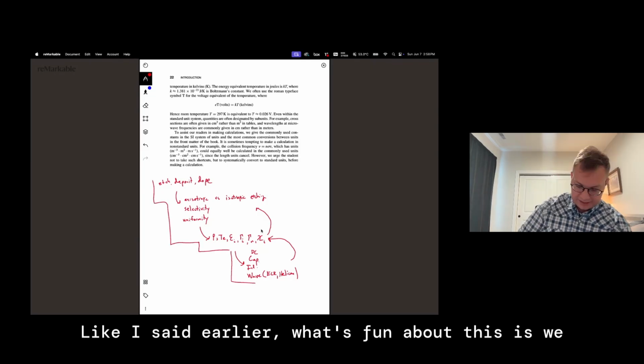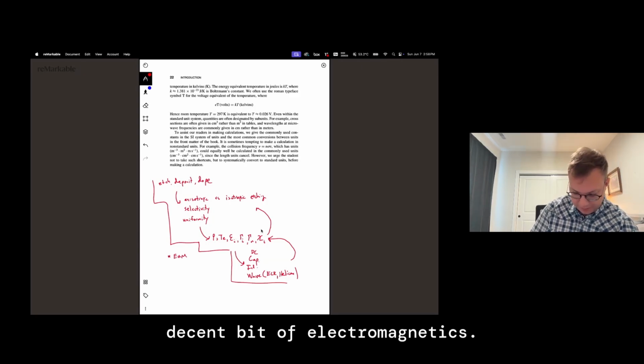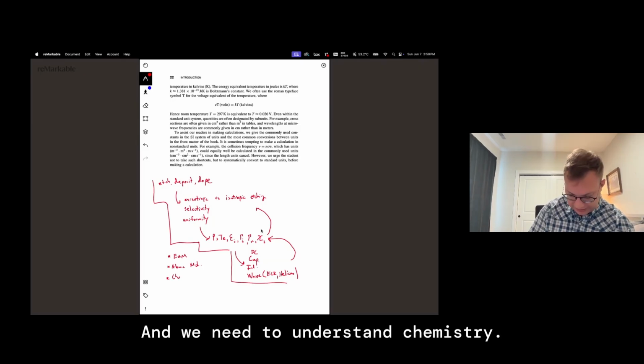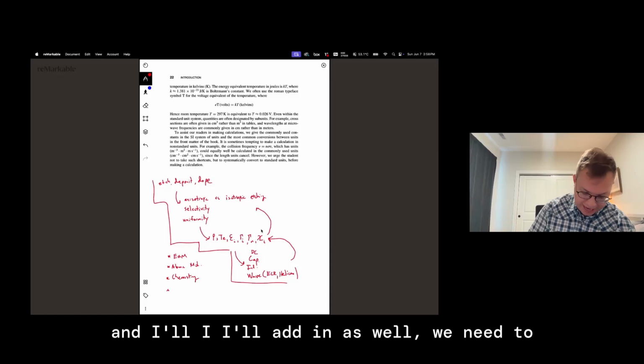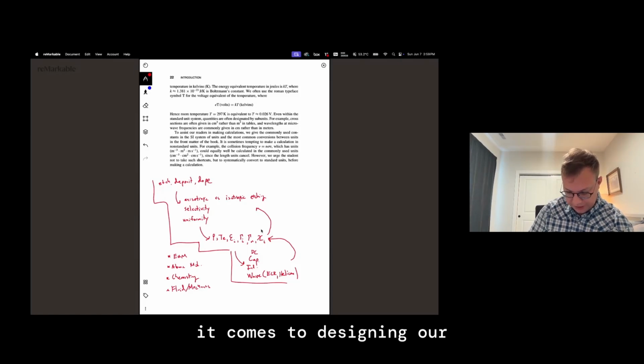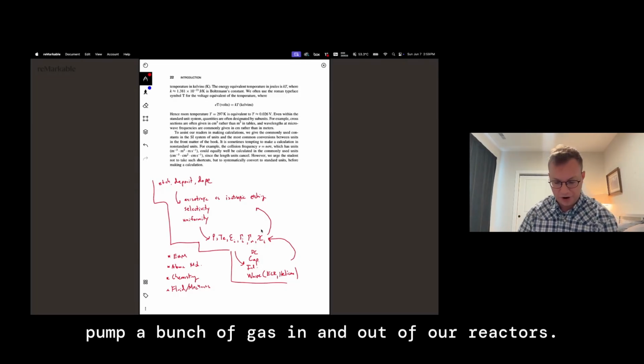And finally, like I said earlier, what's fun about this is we need to understand a decent bit of electromagnetics, some atomic and molecular physics, and chemistry. And I'll add in as well, we need to understand fluid mechanics when it comes to designing our pumping systems, because we have to pump a bunch of gas in and out of our reactors.